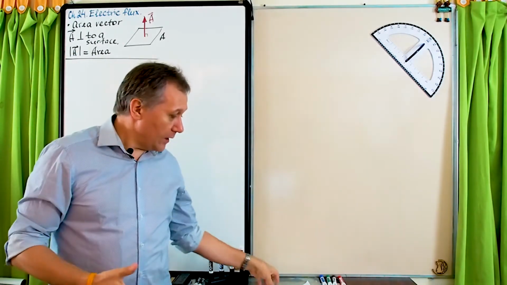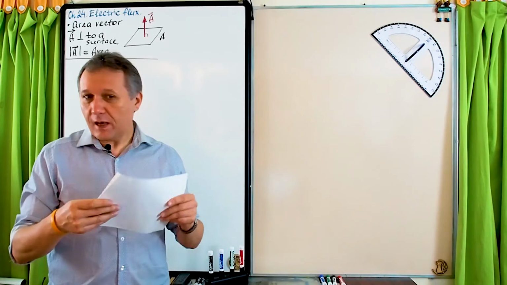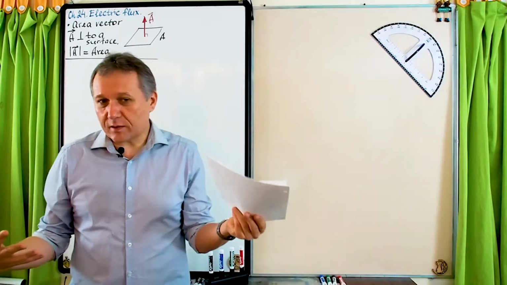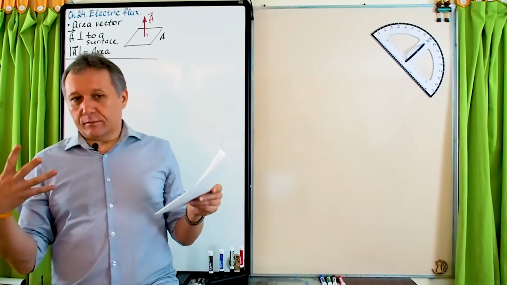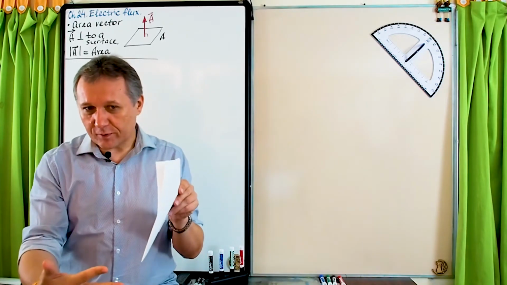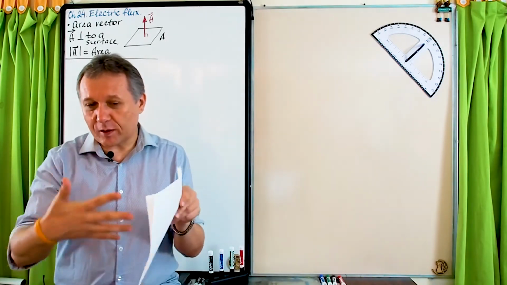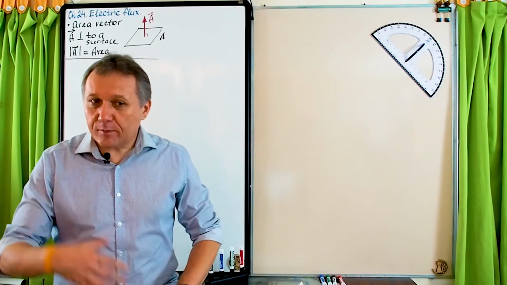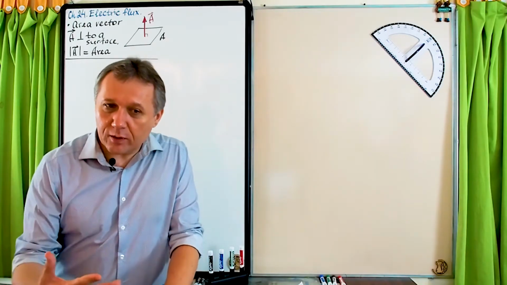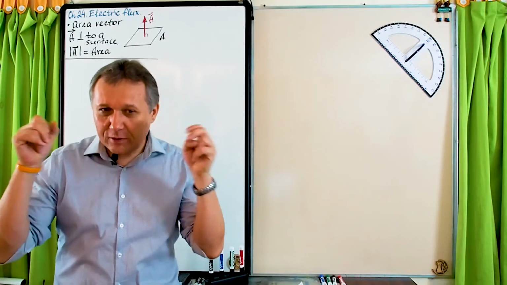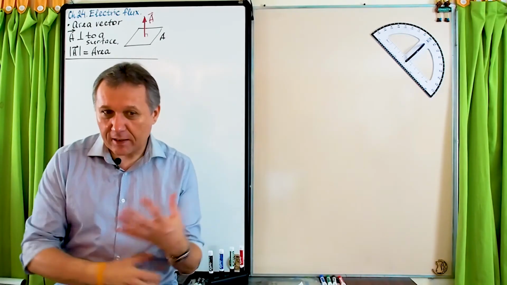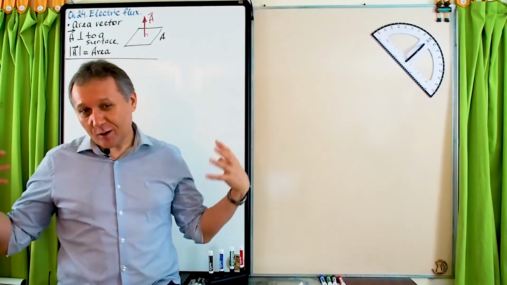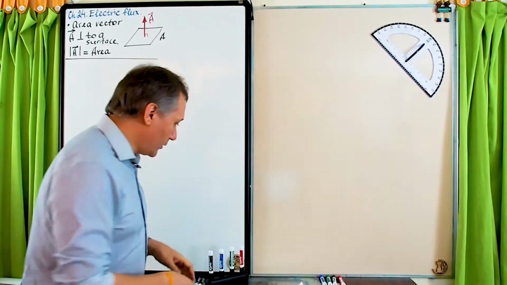So there is an electric field, and if you have a surface, any surface, exposed to this electric field, of course we can ask a reasonable question: what is the number of electric field lines crossing this surface? And mathematicians introduce this tool which allows us sort of to count that number. But again, the meaning of the electric flux is a number of electric field lines crossing a certain surface.